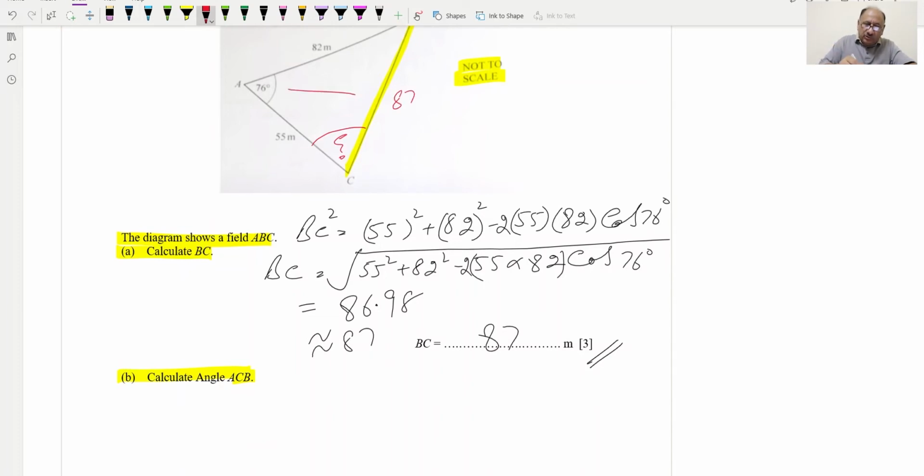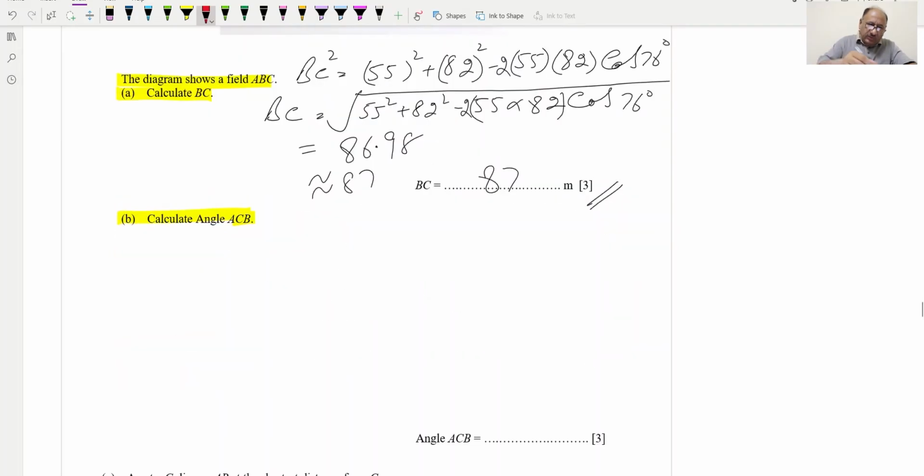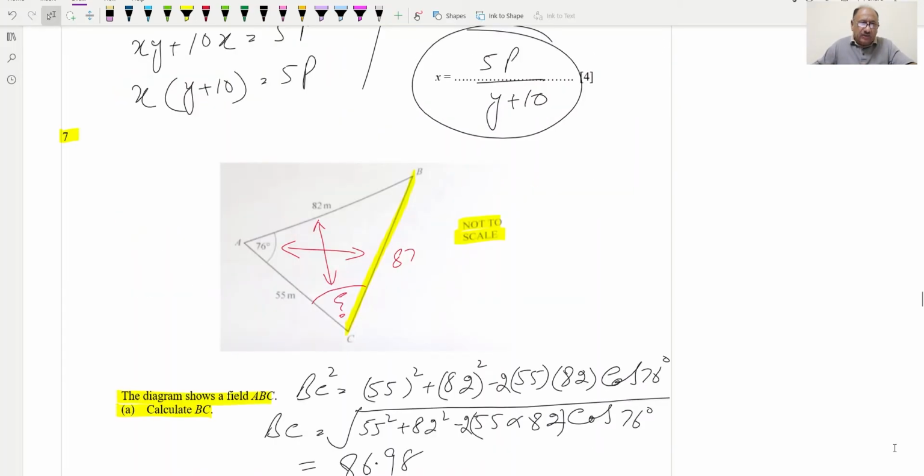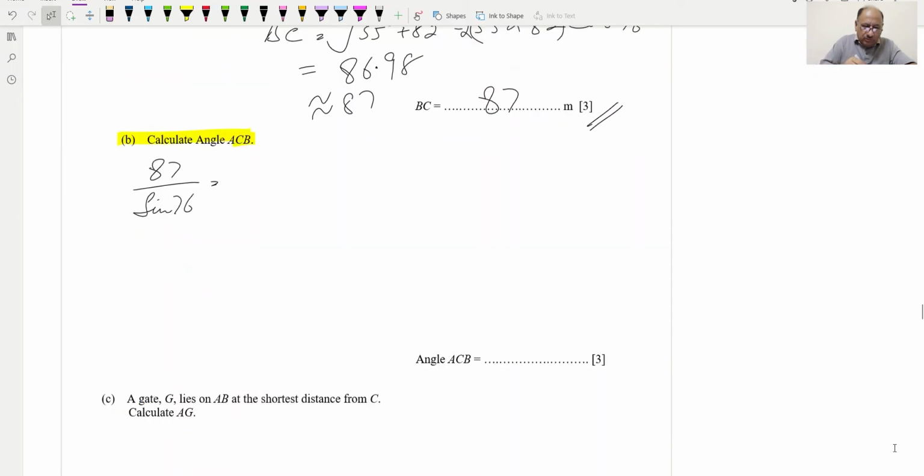Now we can use these two sides and these two sides for sine rule. So 87 over sine of 76 is equal to 82 over sine of C.